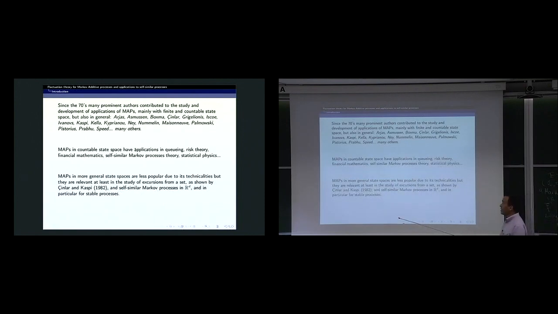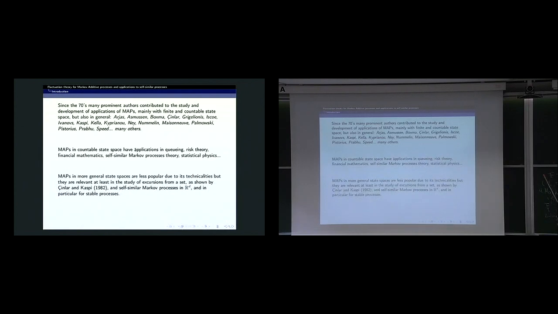I think it was later, in the 80s, in the paper by Schindler and Caspi, and a paper also of Maisonneuve, that they introduced Markov additive processes in the study of excursions from a set. When we study excursion theory from one set, not from one point, we have a similar theory as the one from one point, but we need to know from which point we are starting inside the set.